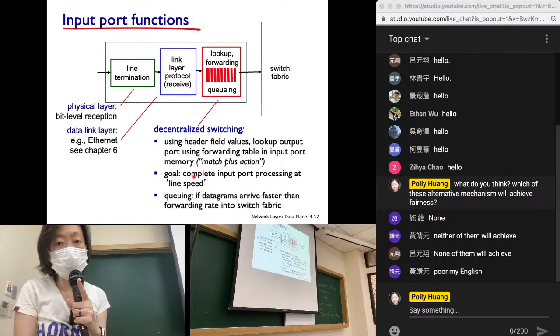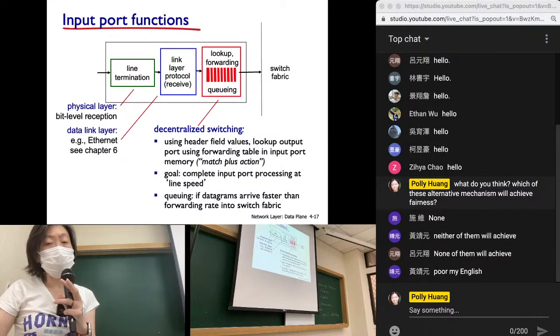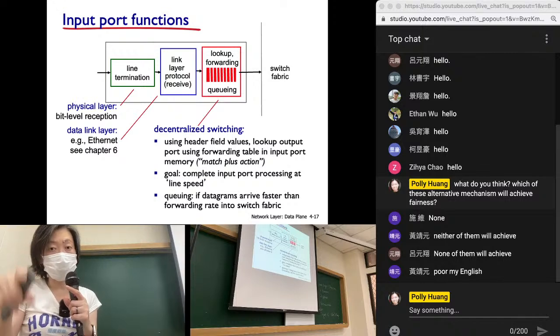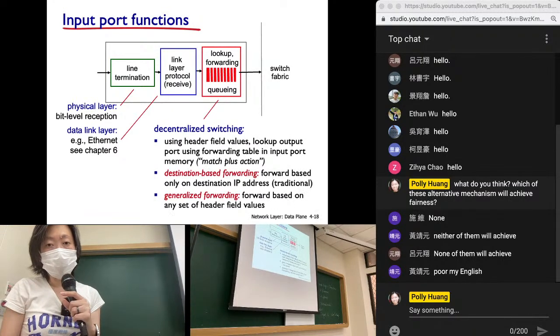So this is the first part in the router that queuing delay can be observed. If the datagram arrives faster, but the switching fabric is not fast enough to pass the packets, or if the lookup process is not fast enough, packets get queued up.